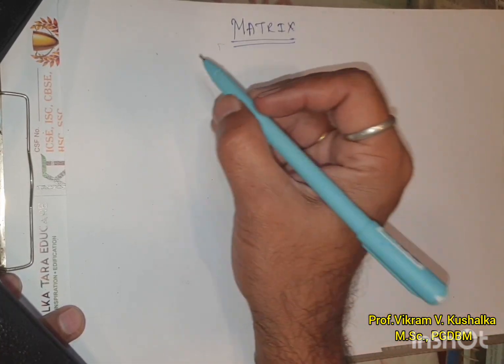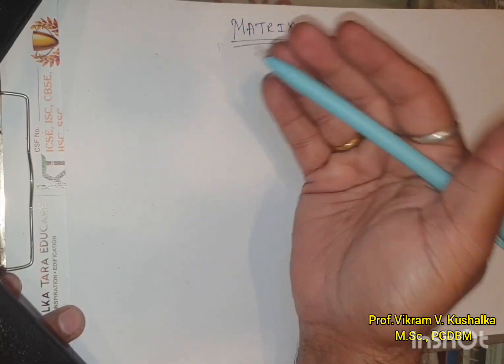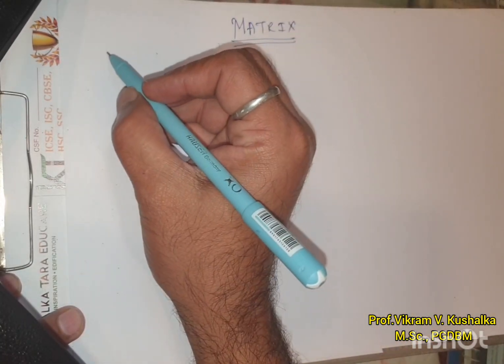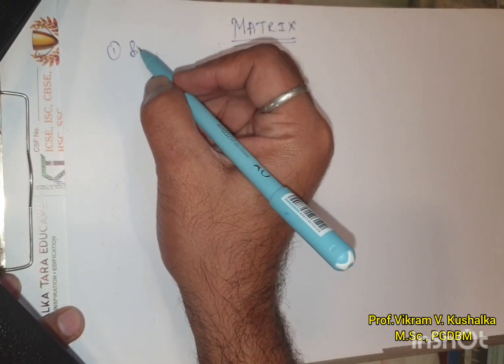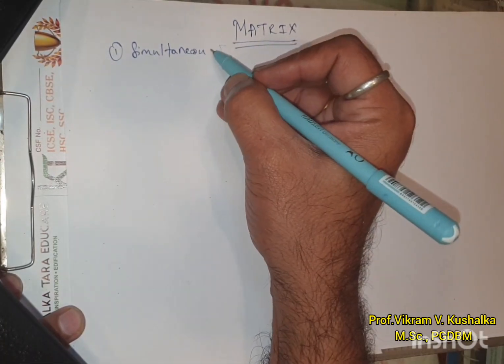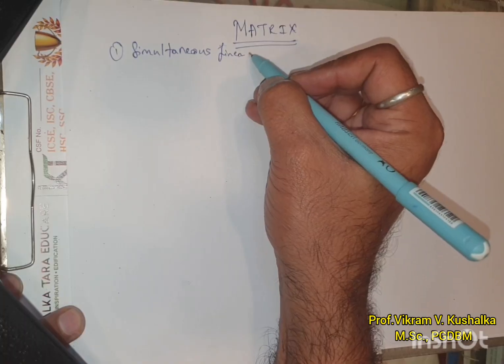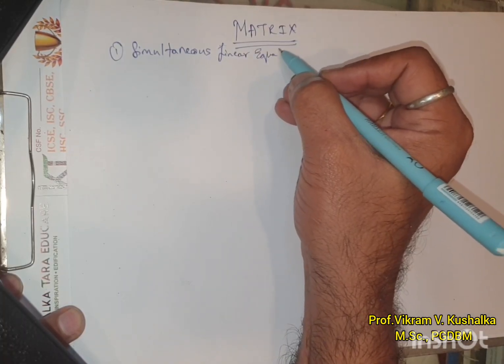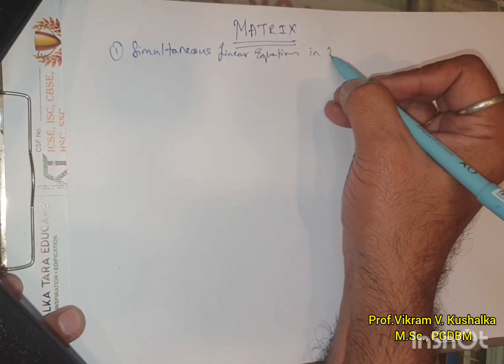So you must have come across, in your grade 9th and 10th, a system of equations known as simultaneous linear equations in two variables.